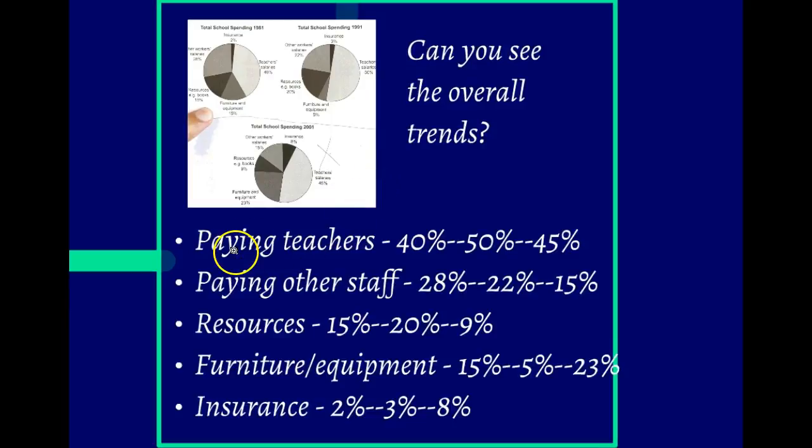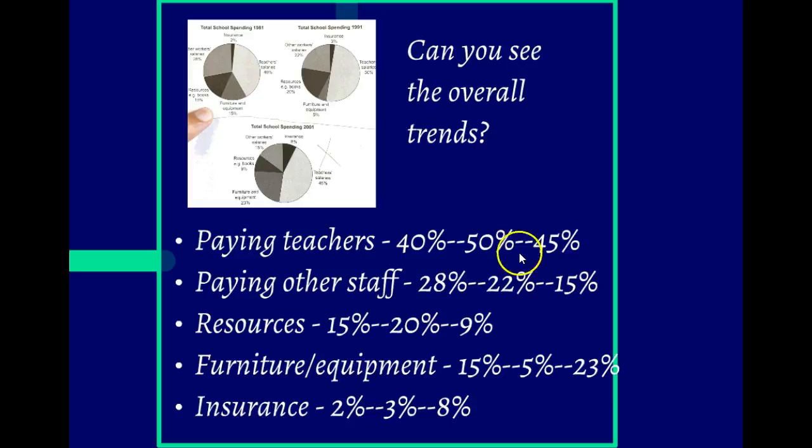Can you see that paying teachers went from 40 to 50 and then back to 45%? So there was a peak in the middle. Paying other staff went from 28 to 22 to 15. So this amount of school spending declined steadily.